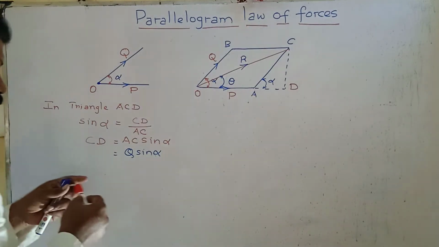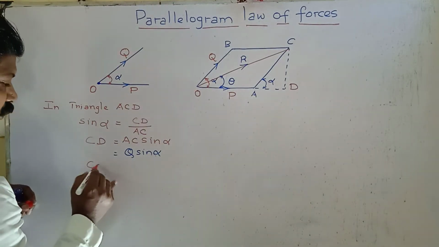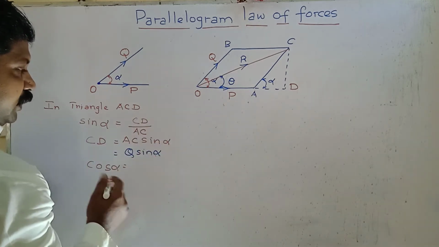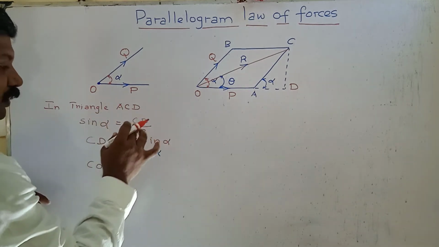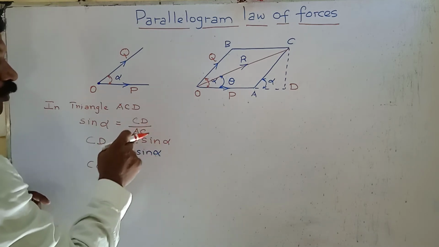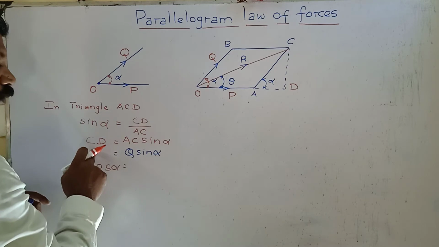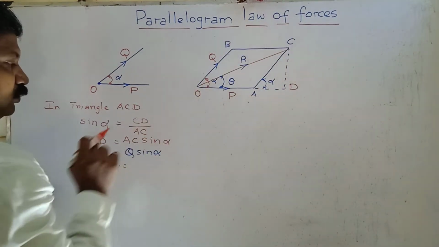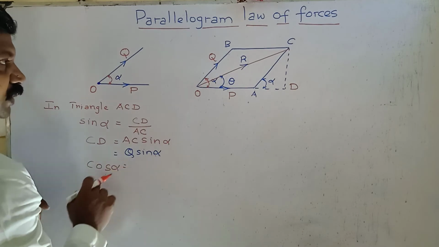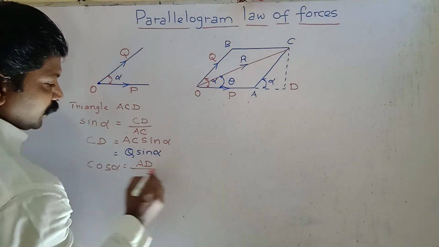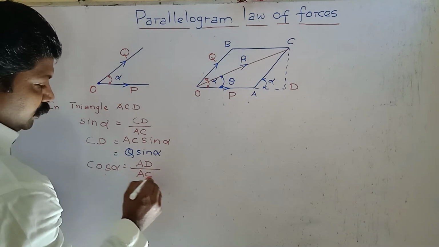And then cos alpha equals adjacent divided by hypotenuse. In right angle triangle ACD, sin alpha equals opposite divided by hypotenuse, that is CD divided by AC. So CD equals AC sin alpha, and AC equals Q, so CD equals Q sin alpha. Cos alpha equals adjacent divided by hypotenuse, so AD divided by AC.